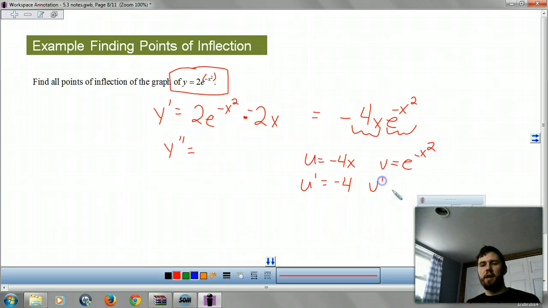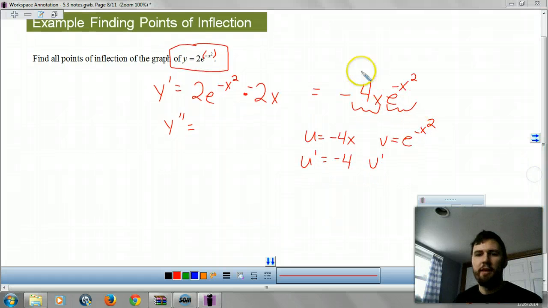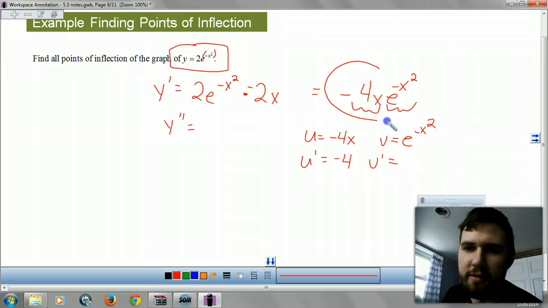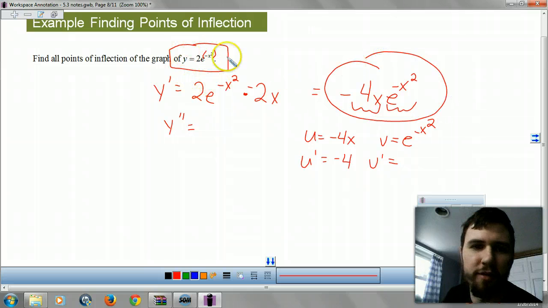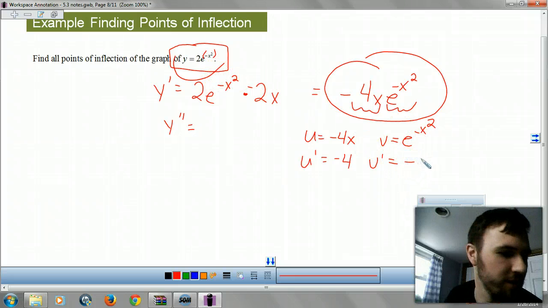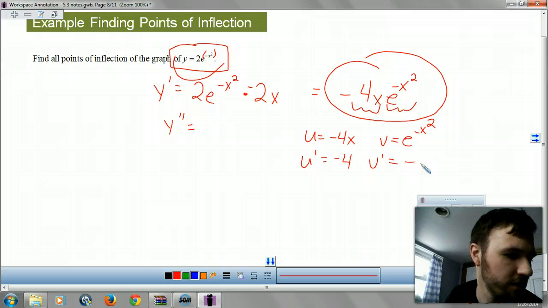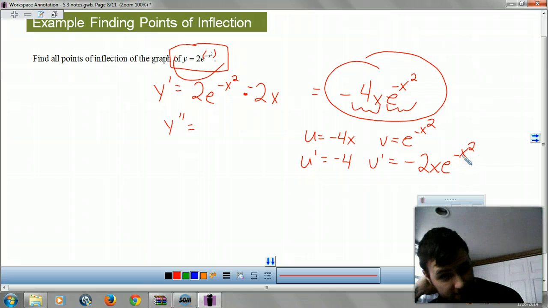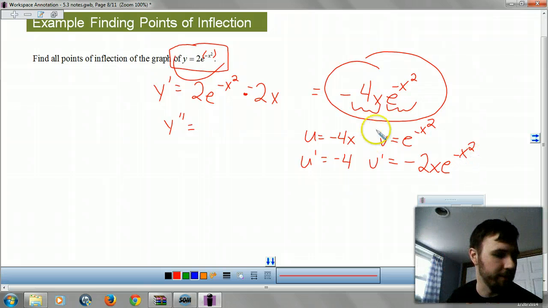My v prime, guess what? We already did this once before, and it's this function, because we're taking the derivative of this, but without the 4x. So it's actually going to be negative 2x e to the negative x squared. If you didn't see how I did that, just ask me in class and I'll talk about it.